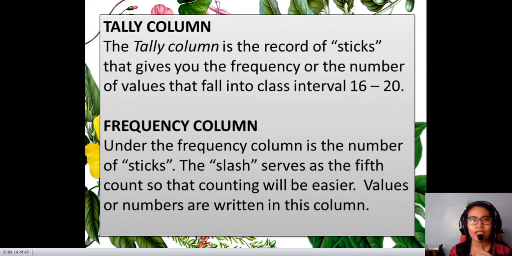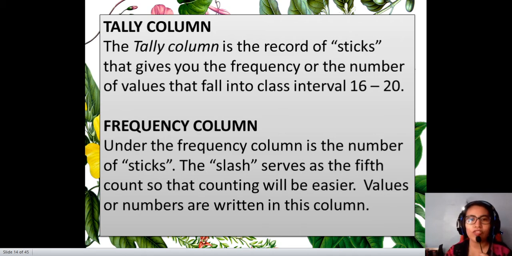So we have here now the tally column. The tally column is the record of sticks, the one you see starting from the introduction of our lesson. That gives you the frequency, or the number of values that fall into class interval 16 to 20. While the frequency column is the number of sticks, the slash serves as the fifth count on your tally, so that counting will be easier.